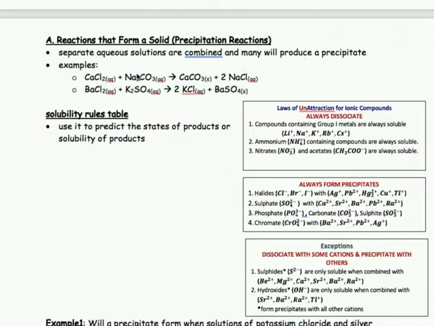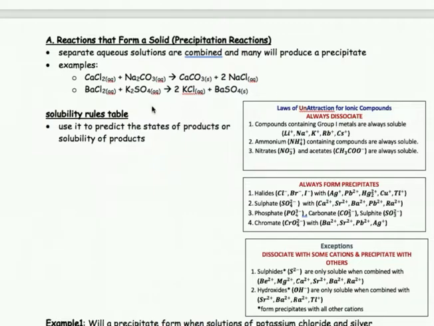Aqueous calcium chloride and aqueous sodium carbonate are mixed together, and you're going to find that there's a precipitate that forms. Okay, there'll be a solid suspended in the liquid aqueous solution. All right, and here's aqueous barium chloride and aqueous potassium sulfate mixed, and potassium chloride will still be soluble. Okay, so you'll still see it in liquid form, and then the barium sulfate will be the precipitate that forms.